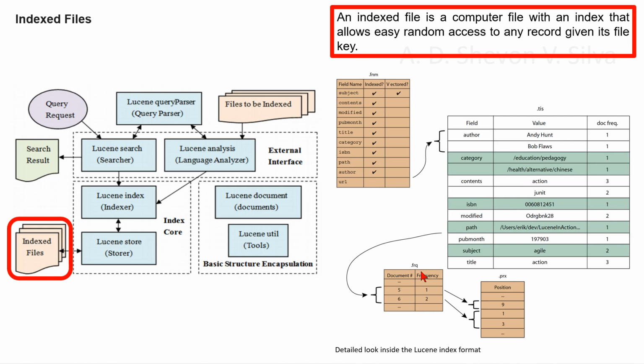And here .frq, frequencies, contains a list of docs which contains each term along with frequency, and .prx, positions, stores position information about where a term occurs in the index.